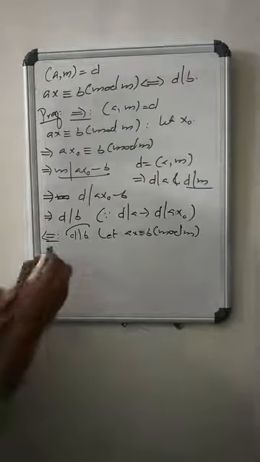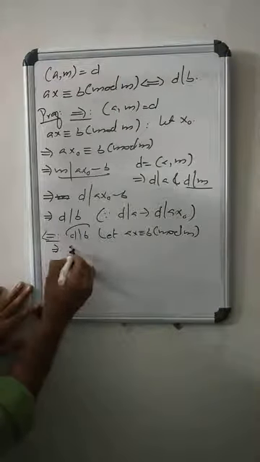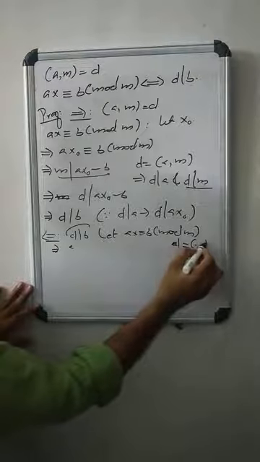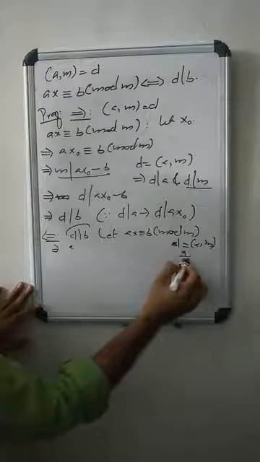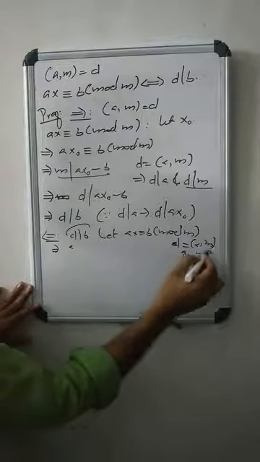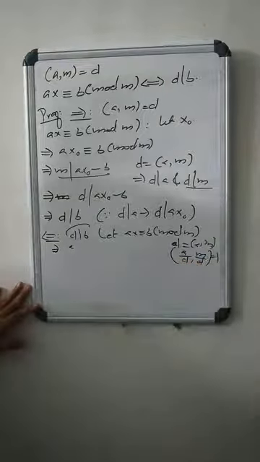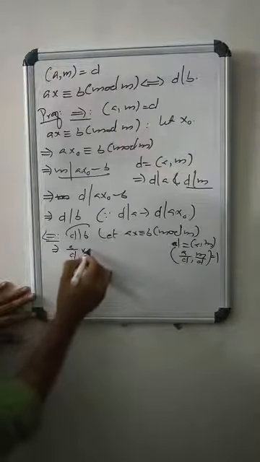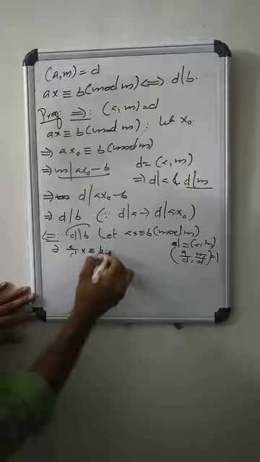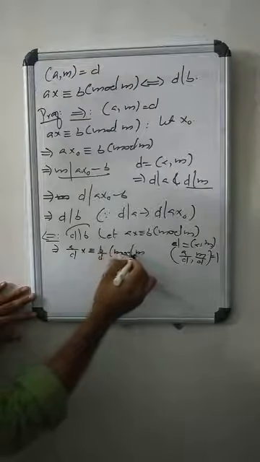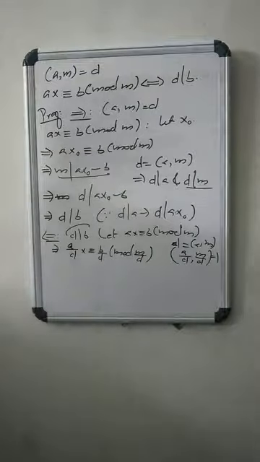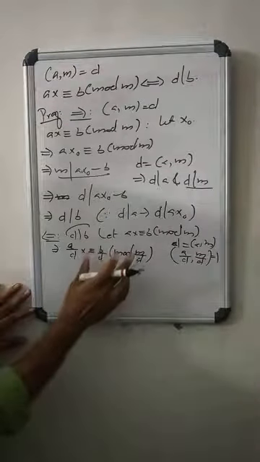Since D is the GCD of A and M, clearly A by D and M by D are relatively prime. Therefore A/D X ≡ B/D mod M/D, and this one has a solution.